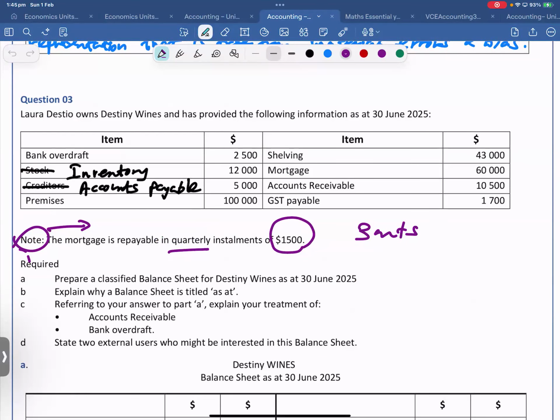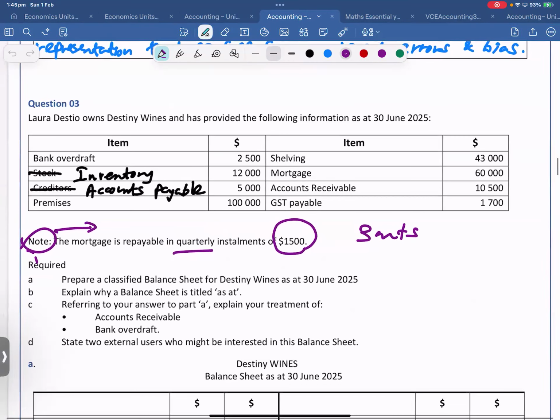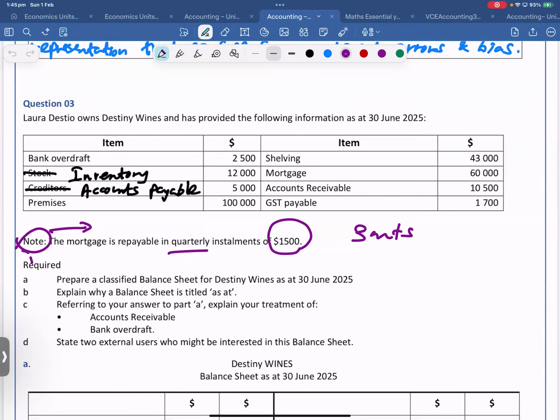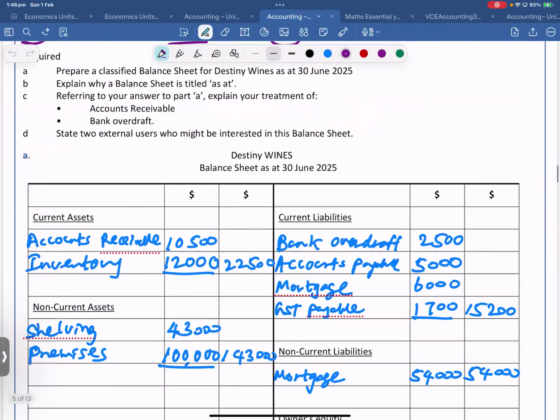Do you know why the balance sheet is titled as at? Why? To show the business's assets and liabilities, basically we say the financial position as of a given point in time. Wonderful. So that means, Tanisha, we can prepare a balance sheet. Now what's the time? 1:46.